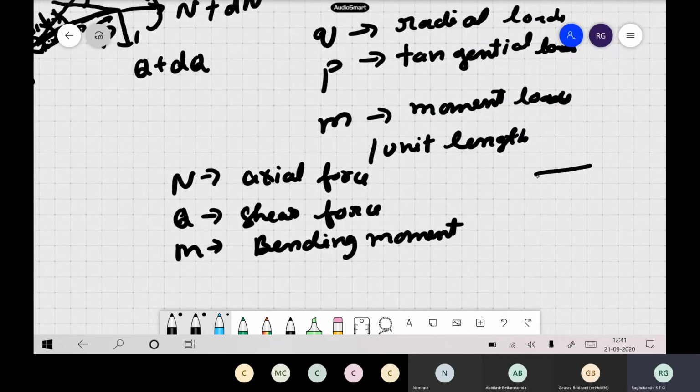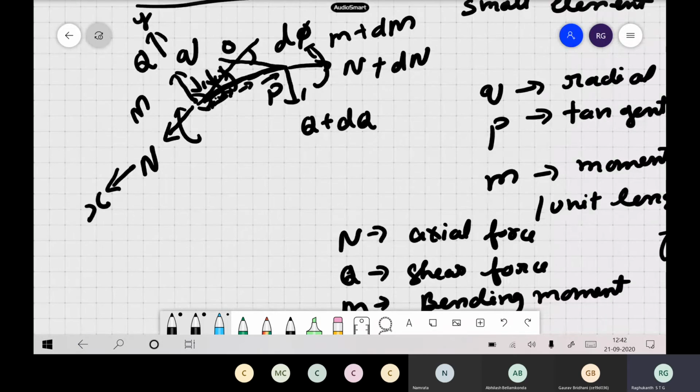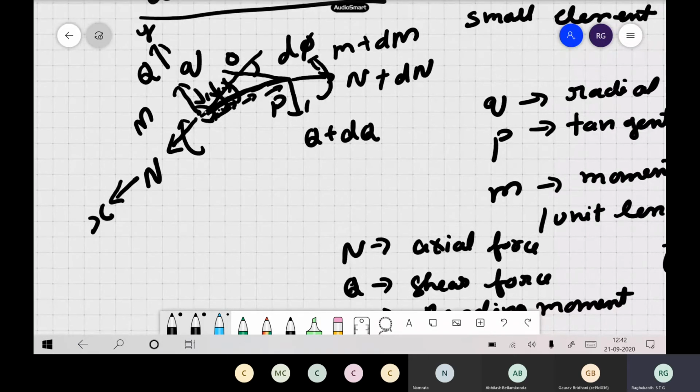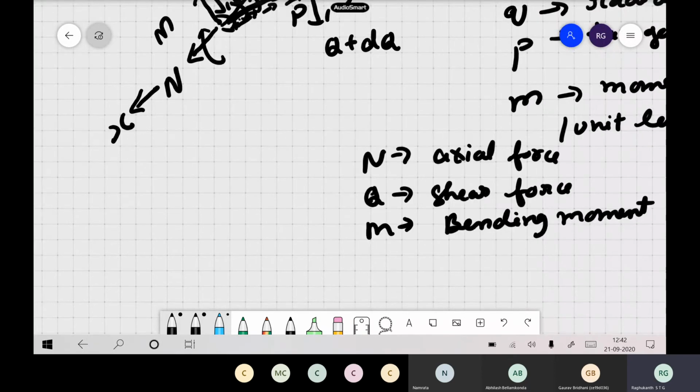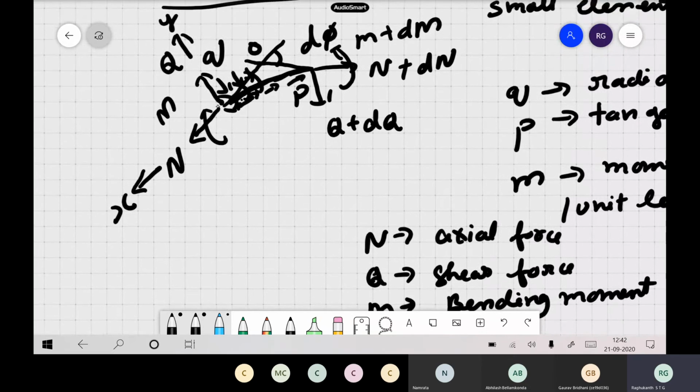We take a small section, you remember. Suppose there is an arbitrary load, we write P, Q, Q plus dQ, M plus dM, all kinds of things. The only difference now is that it is not straight, it is slightly curved. Now you can see the x-axis is along the length of this one, and y is here.